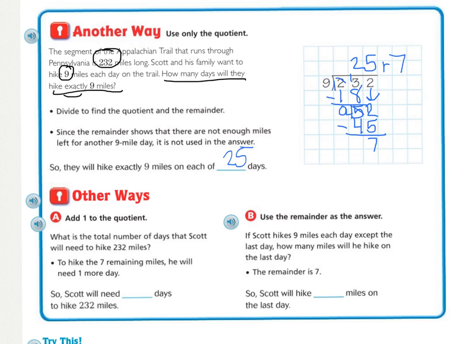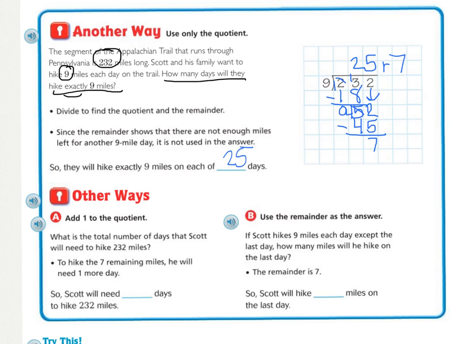Let's imagine they had asked a different question. In this case, they're asking, what is the total number of days that Scott will need to hike 232 miles? In this case, we would add 1 to the quotient, because to hike the 7 remaining miles, he would need an additional day.